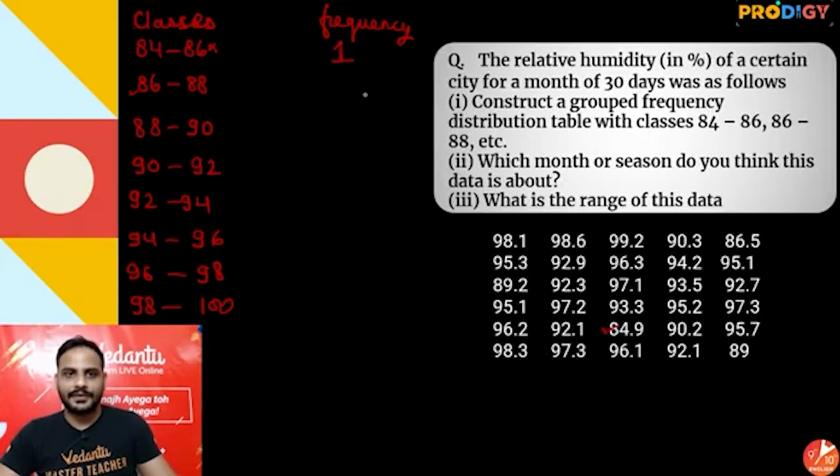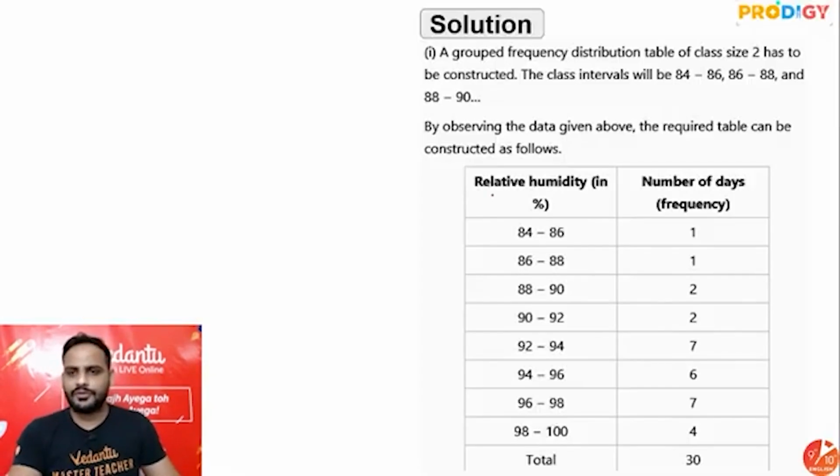All right, only one. 86 to 88, if you see 86.5, then 86 to 88. So again here we got one. 88 to 90, I think is again 1. So this way, keep looking for all the data.